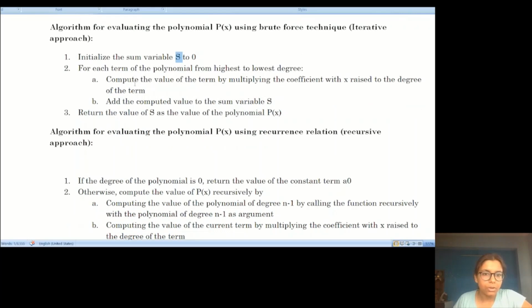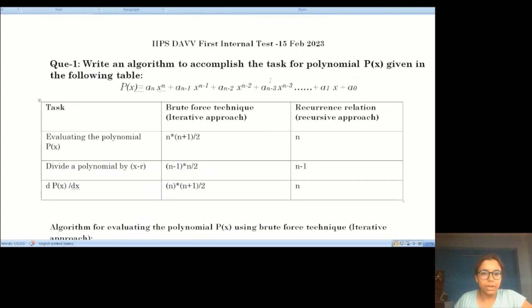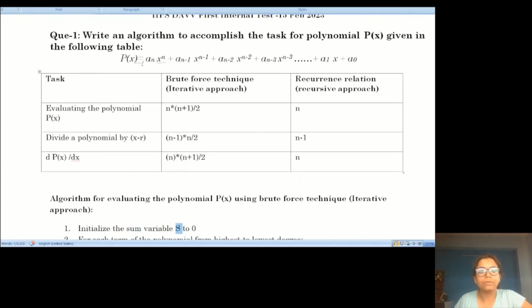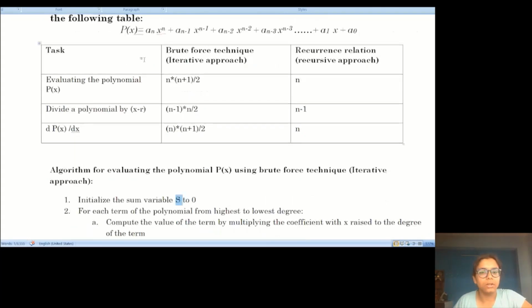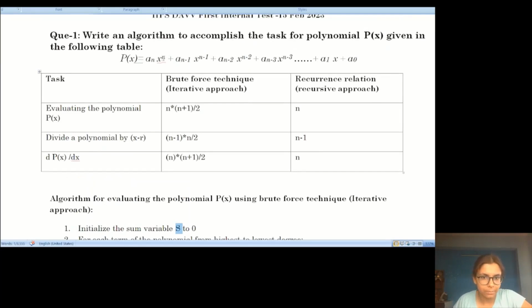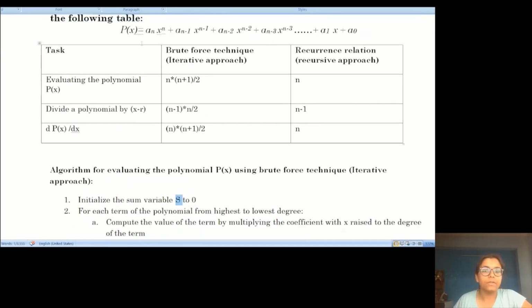And to the next step, which is to compute the value of the term. Now that we have the polynomial, if we have to generate the term, we have to first do the multiplication of the coefficient with x, obviously. I mean, we have the polynomial, right?